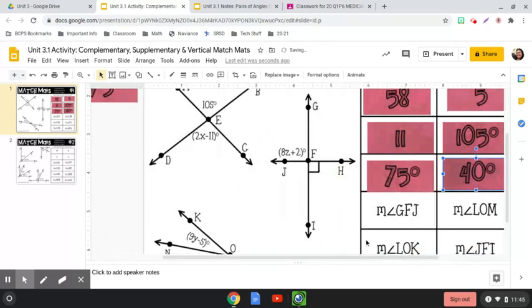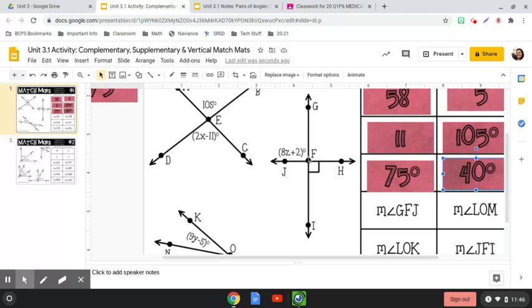Our next question is the measure of GFJ. It's going to be on this figure right here because F is right here. Our figure tells us that angle GFJ is 8z plus 2.